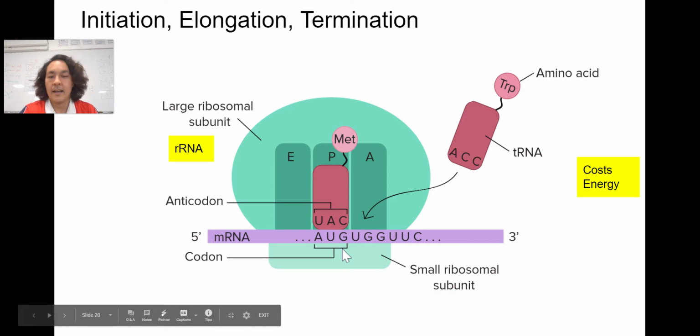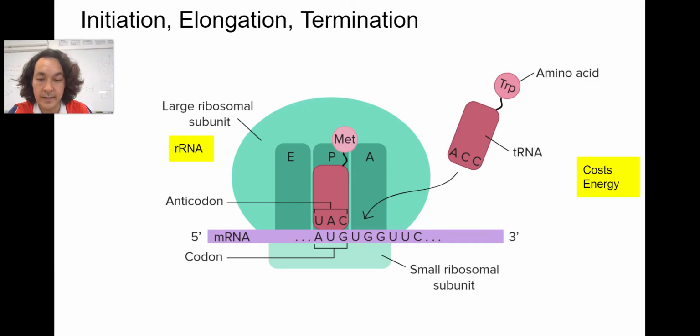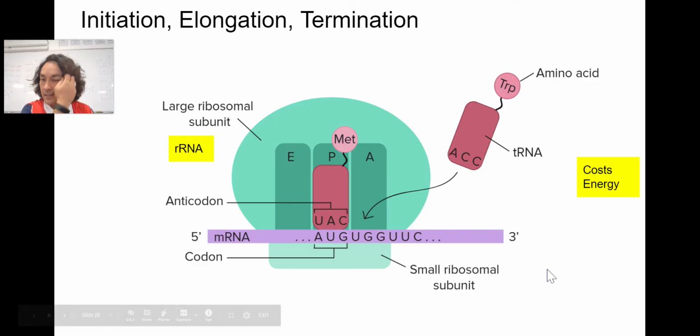All right, and so here the codon is going to be read in sets of 3 letters, 3 nitrogenous bases, and match up with the anticodon. It uses the base pairing rules: A's to U's, G's to C's. Then the tRNA will carry the correct amino acid there. It will exit through the E site, and there can be 2 tRNAs in here at a time.